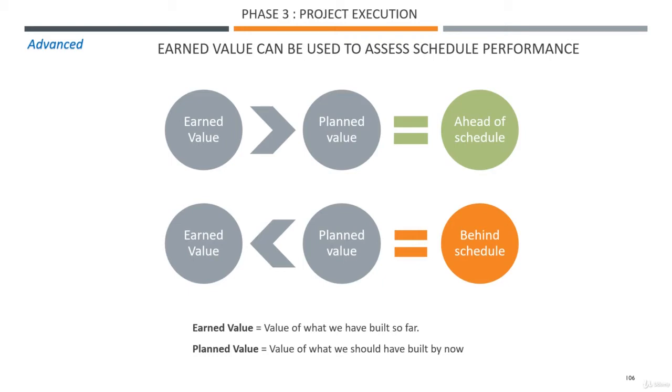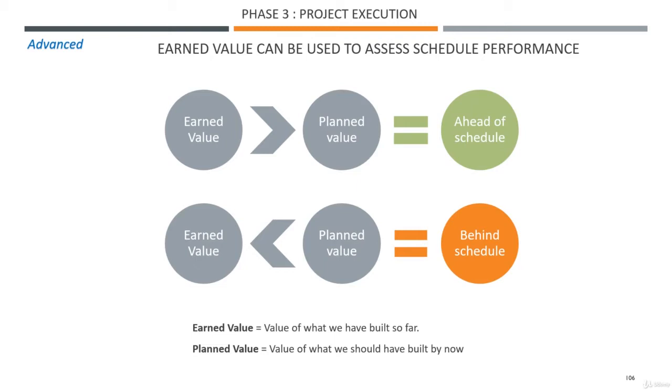So if the earned value is less than what we have spent, we know we are behind budget, that we have an overspend. But we can do the same with scheduling, but this time, instead of comparing the earned value with actuals, we compare the earned value with the planned value.